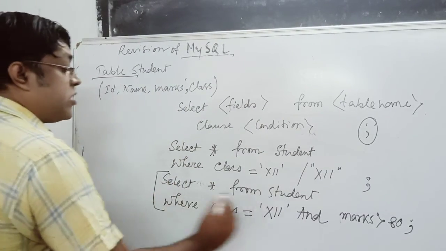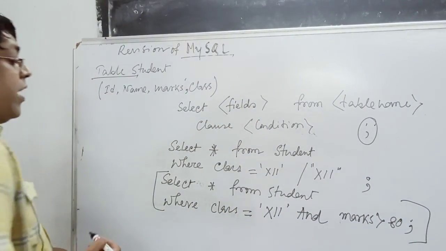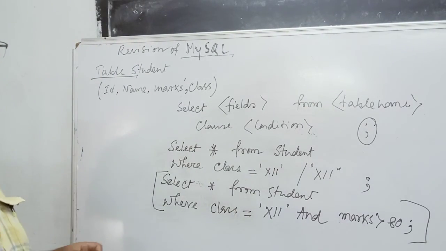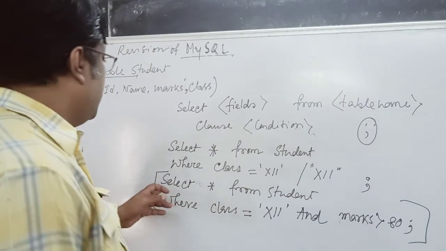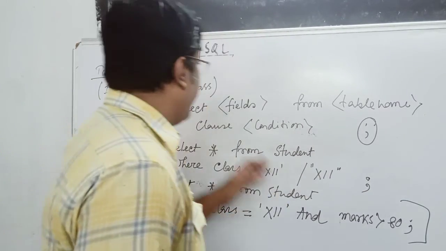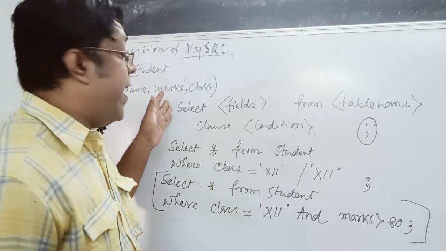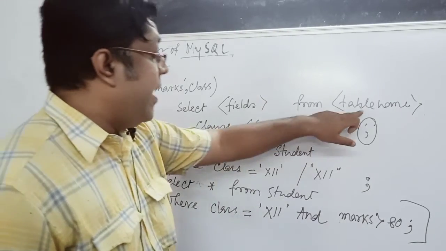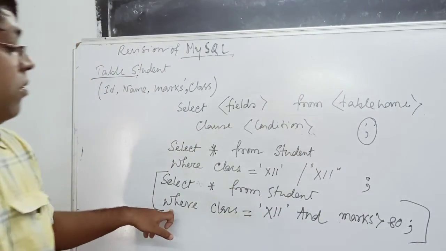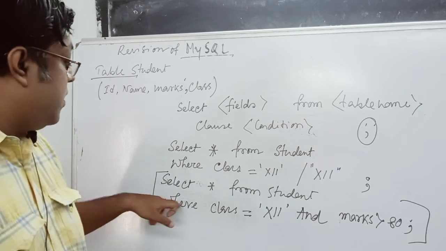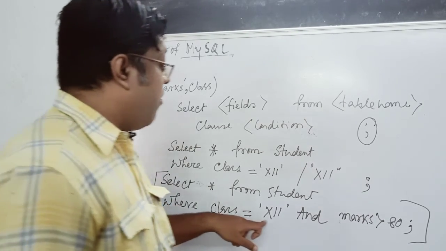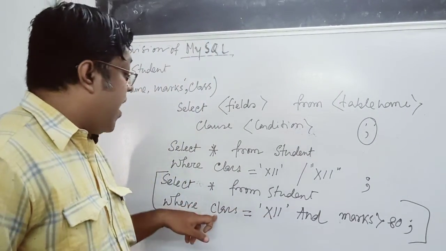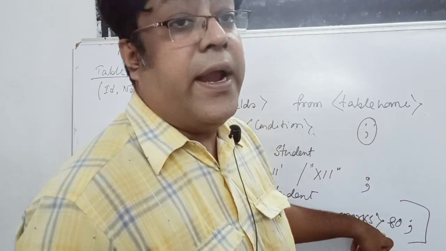By using this query, we see the details of students of class 12 who are getting above 80%. So SELECT * FROM student, as per this format: SELECT fields FROM table name student. Then we use the WHERE clause, then the condition class = 12 and, with a logical operator, marks greater than 80%.